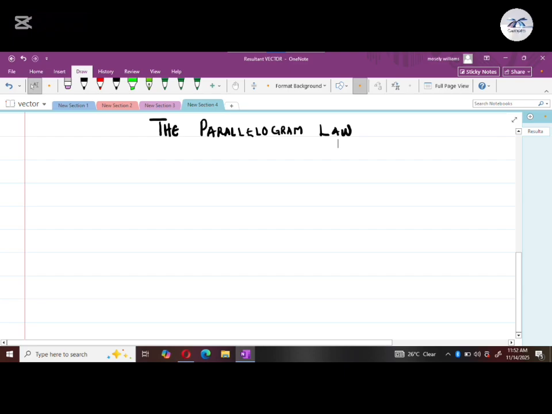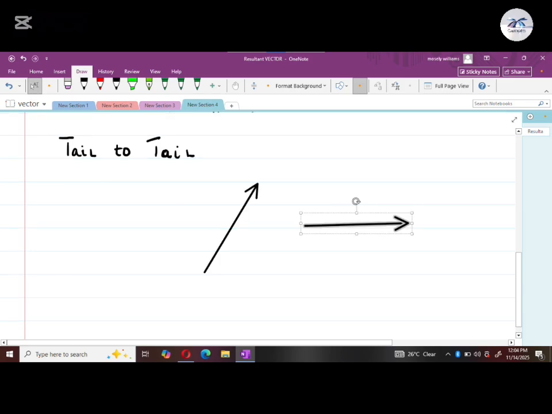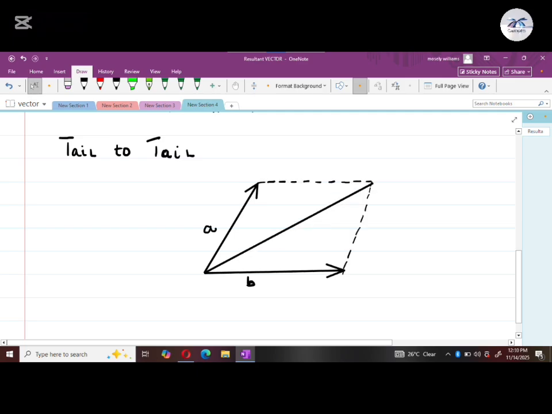But here, the placement of the two vectors is from tail to tail, which means that the two vectors are represented by the adjacent sides of a parallelogram, and their resultant is represented by the diagonal of the parallelogram passing through that point. Now, let's assume we have angle theta between vector A and B.